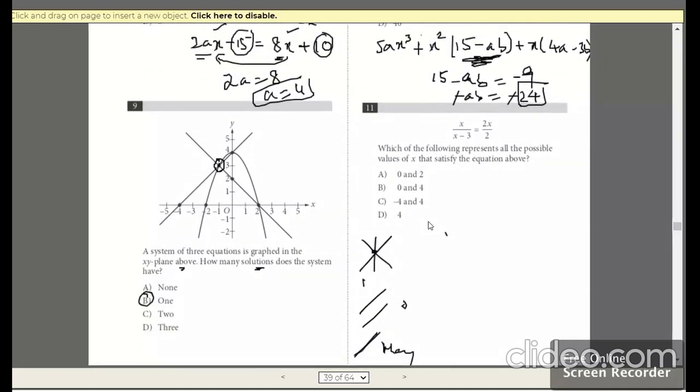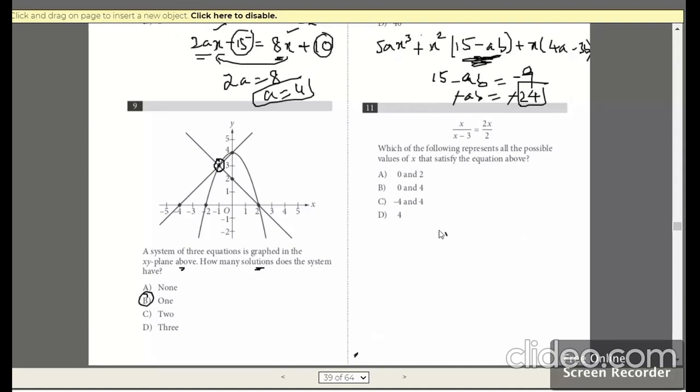Again, we have two algebraic expressions. There is an equal to sign, so just cross multiply it. You are going to get 2 times x is equal to 2x over x minus 3. Do not cancel out this one, otherwise you will end up getting a wrong answer, which is +4. So when I multiply it, I am going to get 2x squared minus 6x.